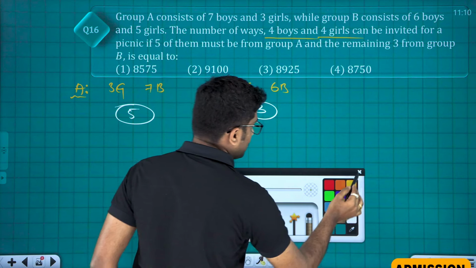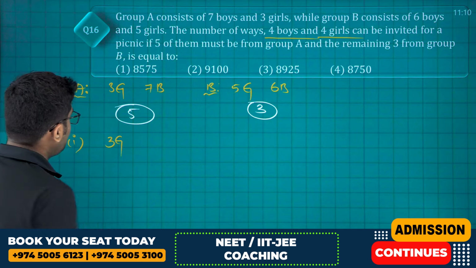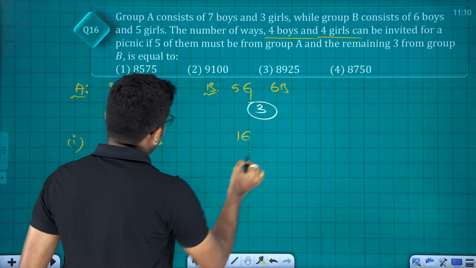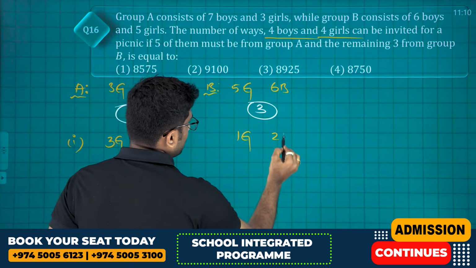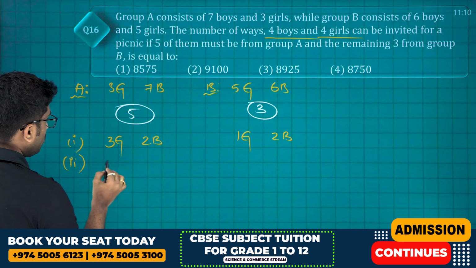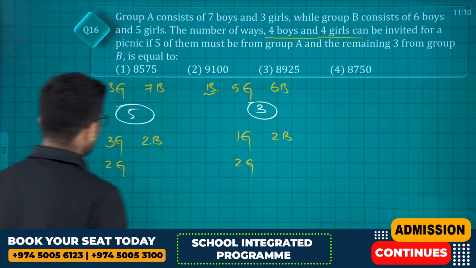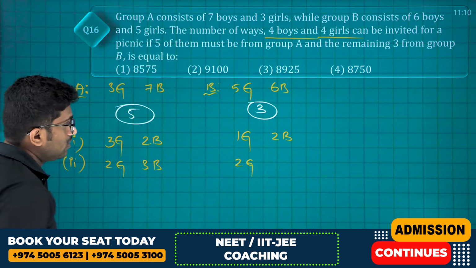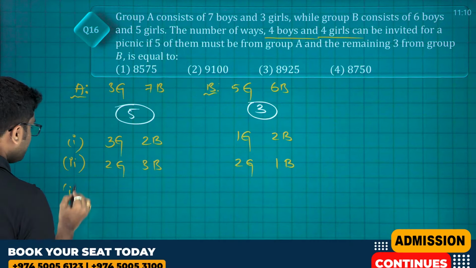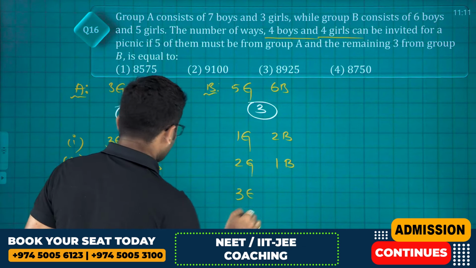So what are all the possible ways? First one, we can invite 3 girls, friends, 3 girls and 2 boys from group A. So 3 girls are already here, 1 girl from here and 2 more boys. This is case 1. Case 2, 2 girls here, next 3 boys, so here it should be 1 boy. Next third case, 1 girl, so here we have to take 3 girls.